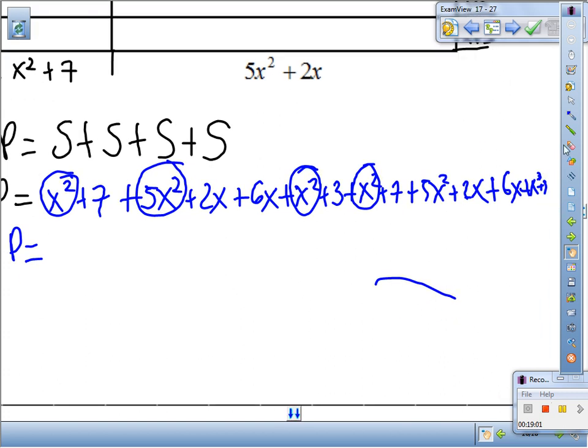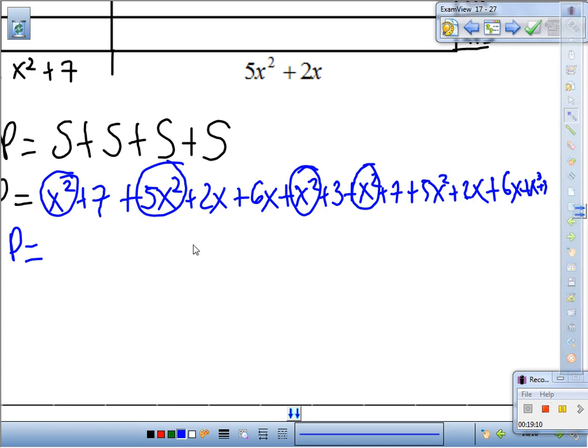And we said 1x squared plus 5, that's how many? 6, plus 1 more, plus 1 more, 8, plus 5, 13, plus 1 more, so that's 14x squared. Plus, now we go with what? The x's.